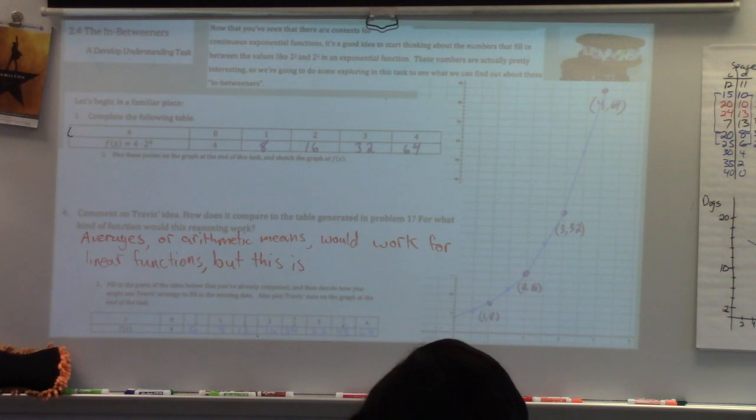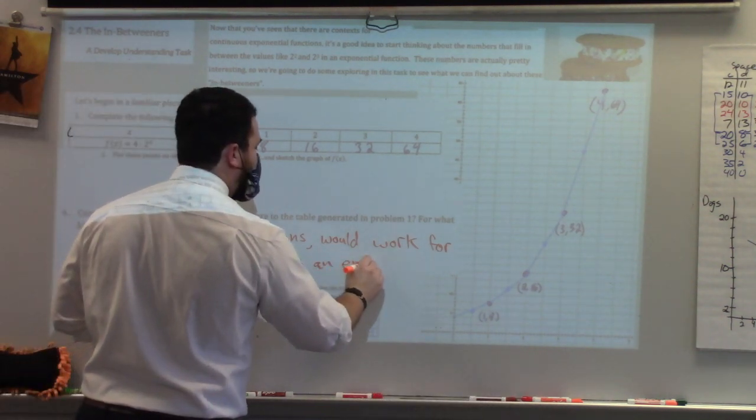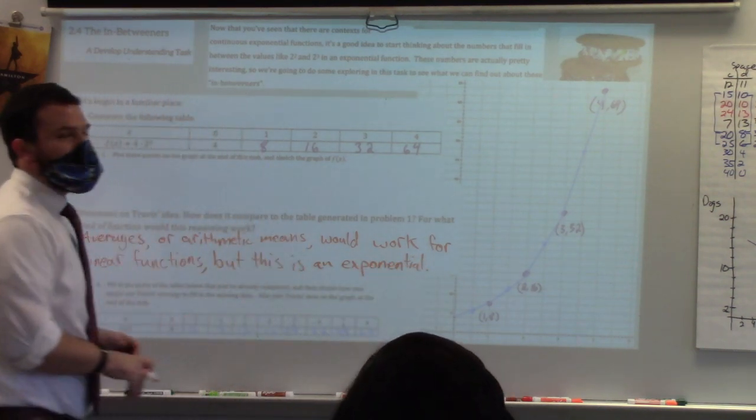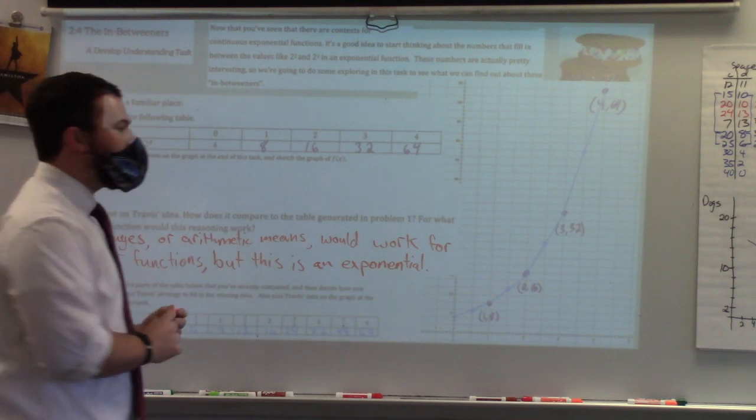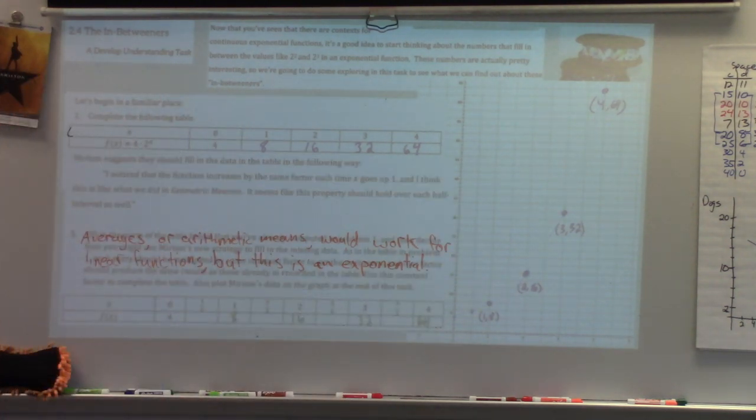It's a geometric sequence, so it's an exponential function. There you go. We're going to have to talk about geometric means tomorrow.